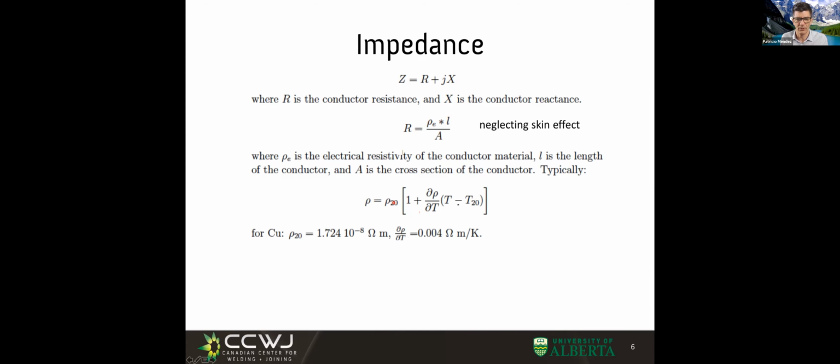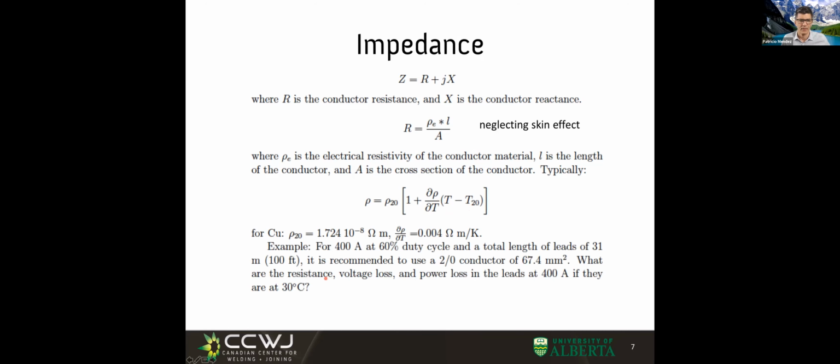That is not difficult at all. It says resistance at any temperature is resistance at 20 degrees C times 1 plus a little variation with temperature. Here we have the numbers that are good for copper. With this, you can calculate voltage losses on any cable.